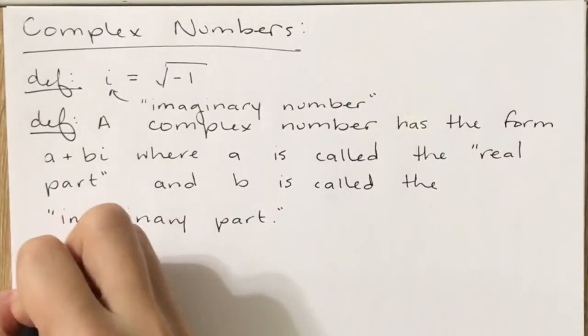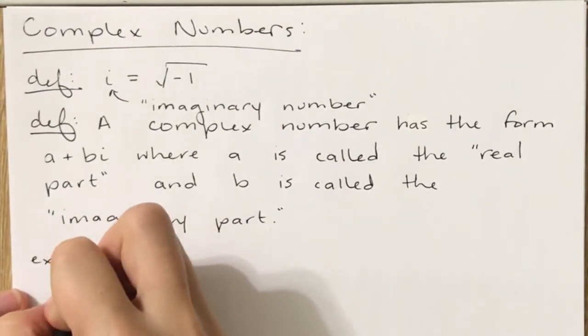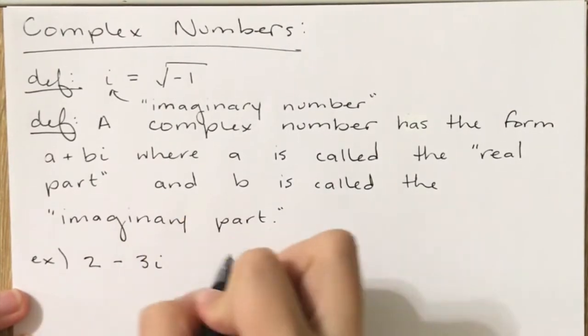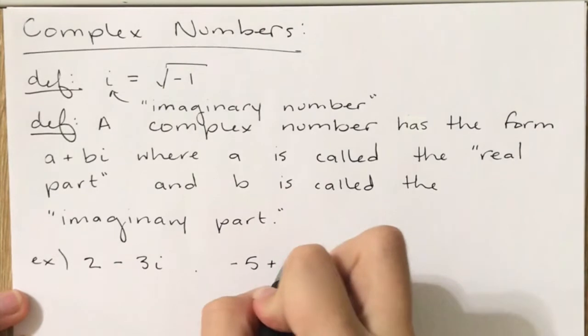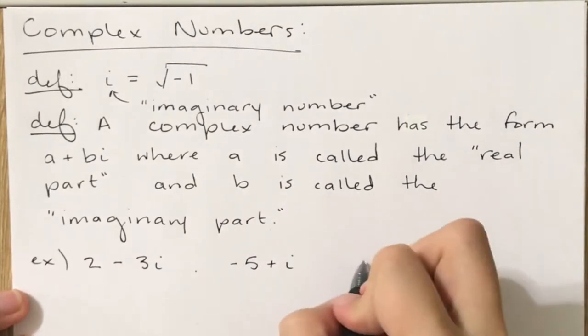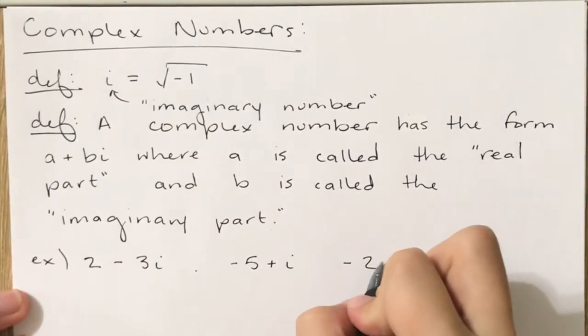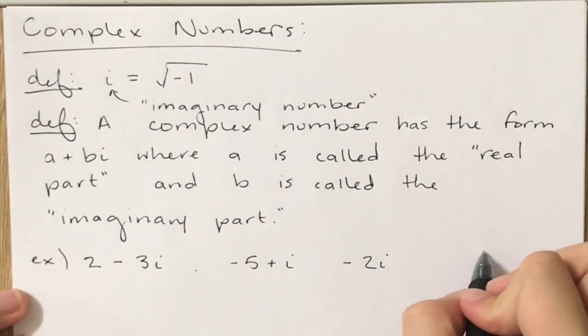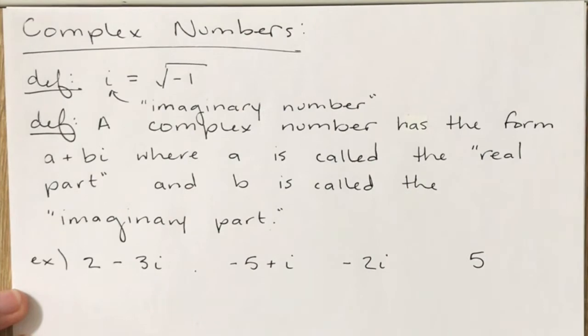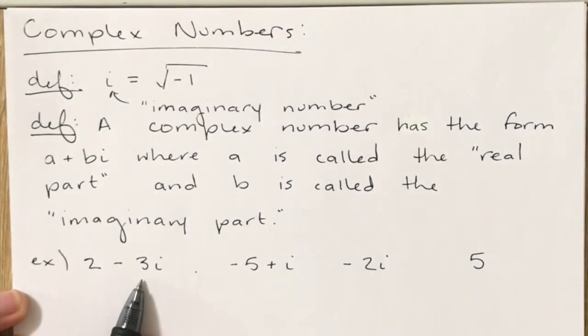A few examples of complex numbers might look like 2 minus 3i, or maybe -5 plus i, or -2i, or even something like 5. So here we have a real part of 2 and an imaginary part of -3.